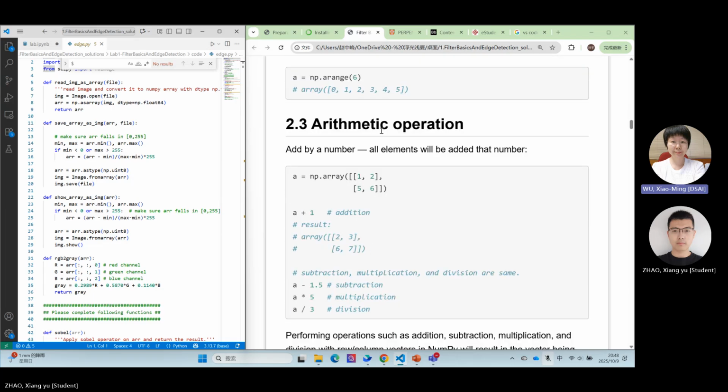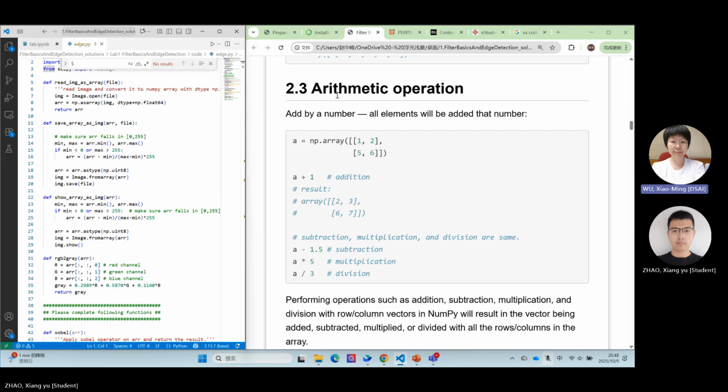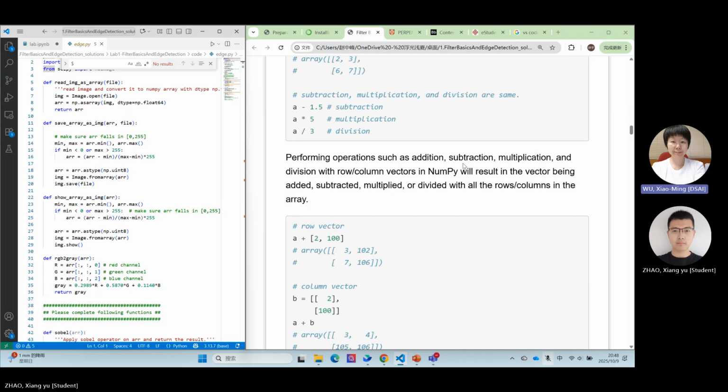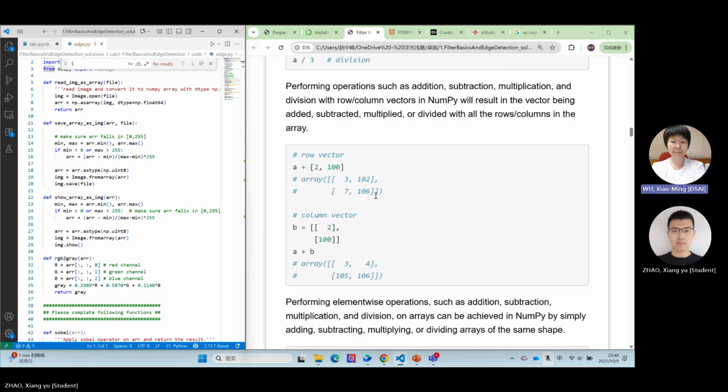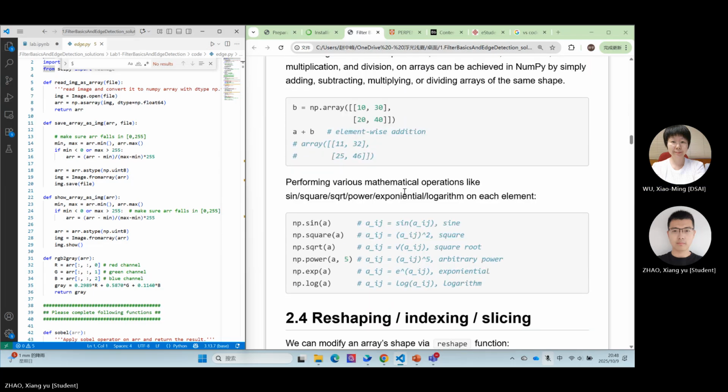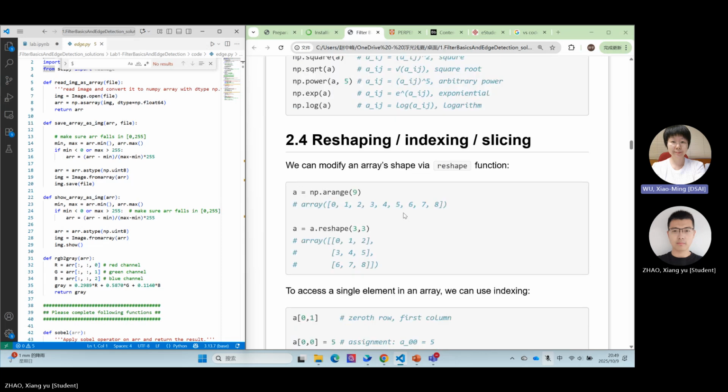Okay, let's jump to these operations. The array is also very similar to a list. You can do some arithmetic operations such as addition, subtraction, multiplication, and division, and so on. You can try this by yourself. Also, it can perform various mathematical operations like sine, cosine, and so on.